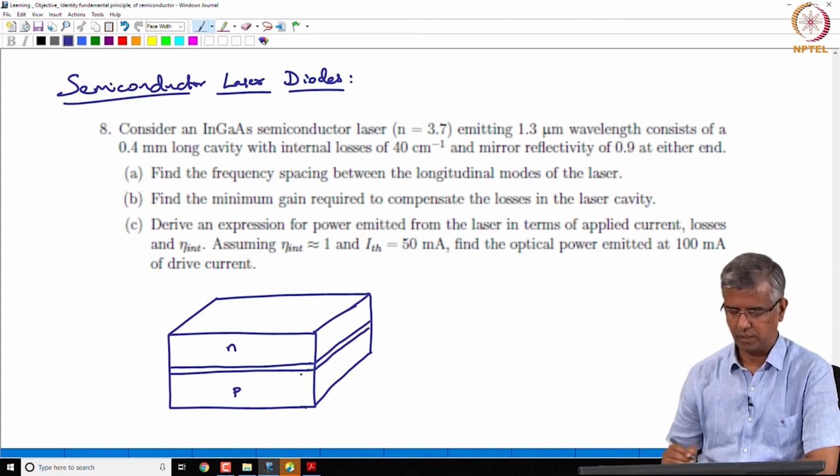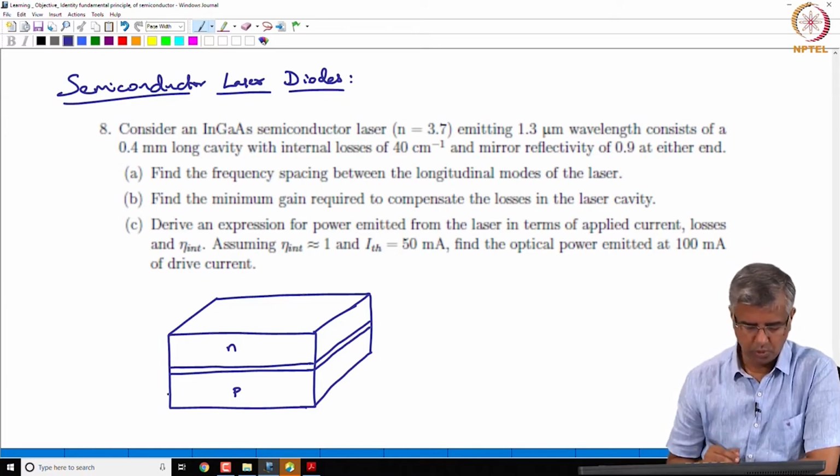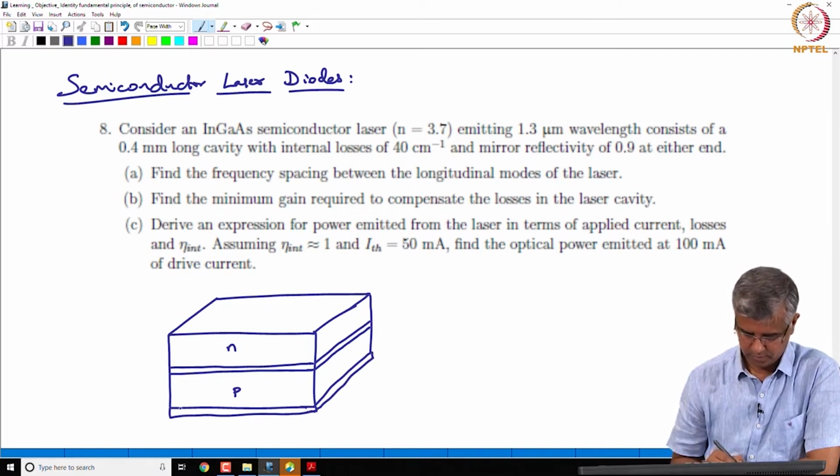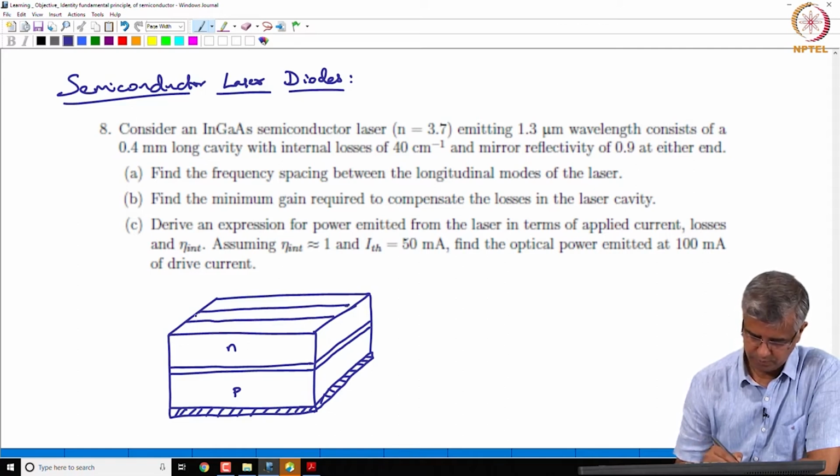it is going to be something like this. And in order to have a current injected, what you normally do is you have a layer here, a contact layer, and then you define a stripe in the top region as well.